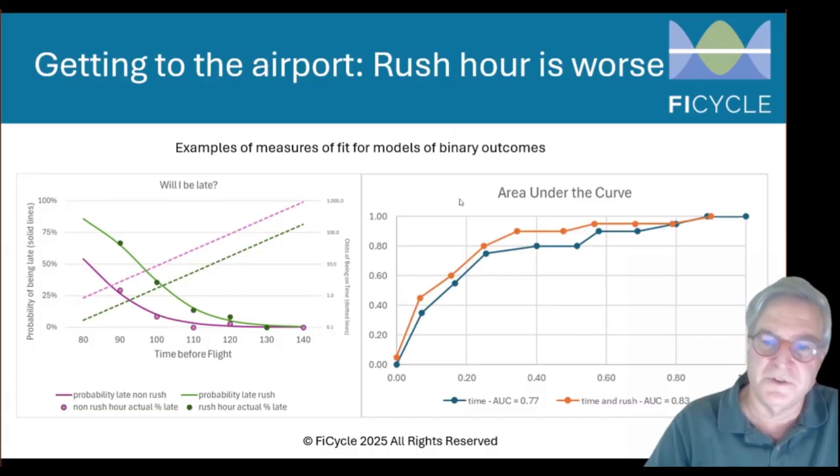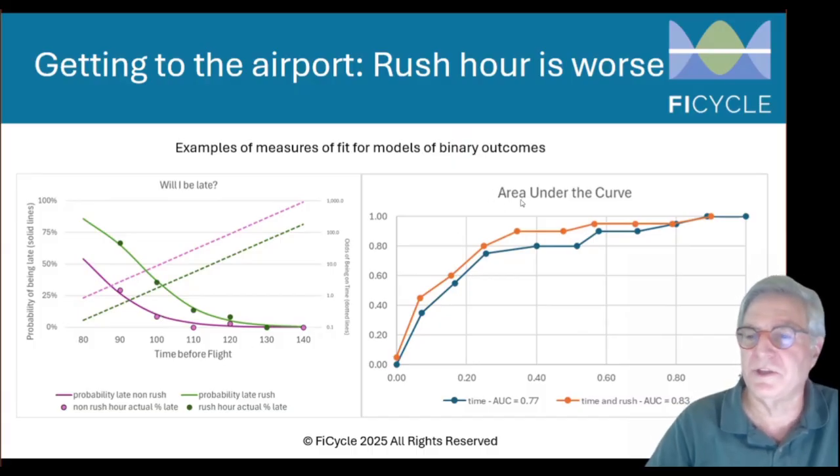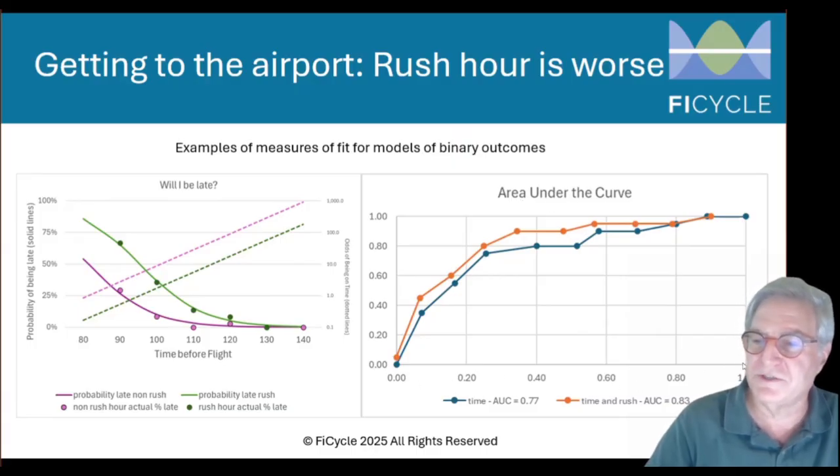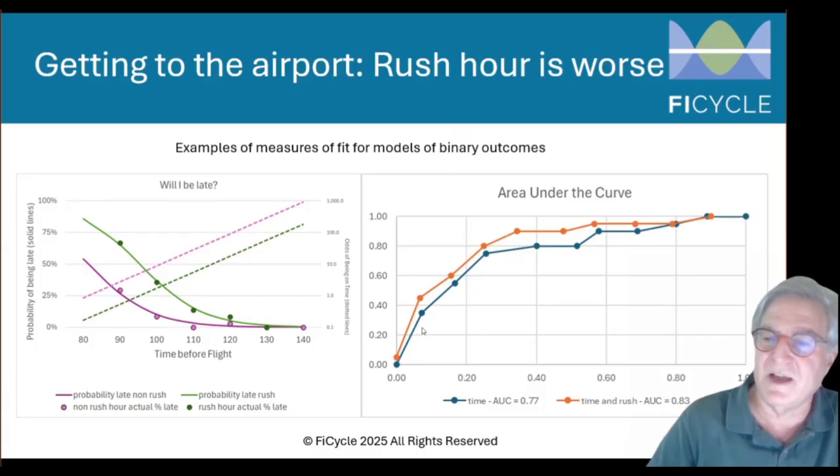Another technique that's often used for these types of models is something called the area under the curve. And the idea of this is we look here at the percentage of cases where it didn't happen, where you weren't late, and the percentage where you were late, and say how well can we, as we add up all the values, produce something that goes towards this upper right-hand corner.